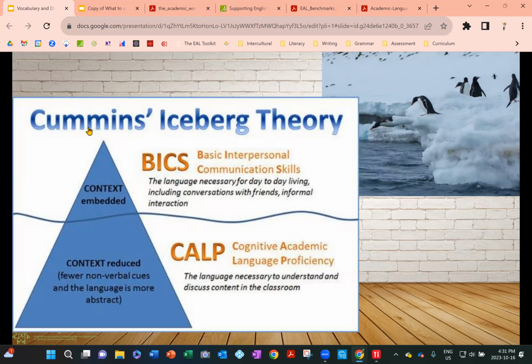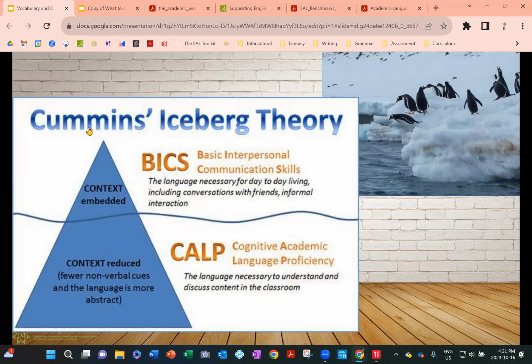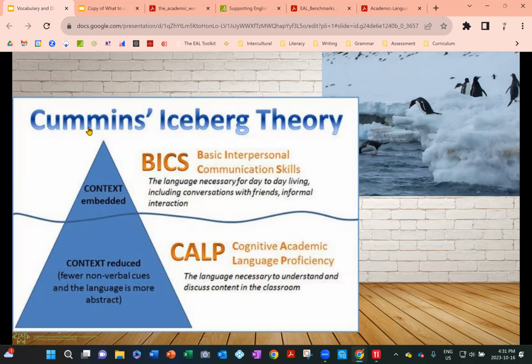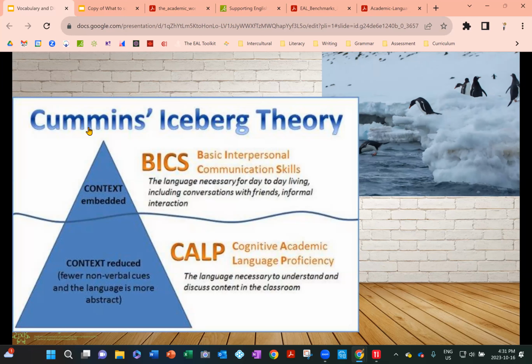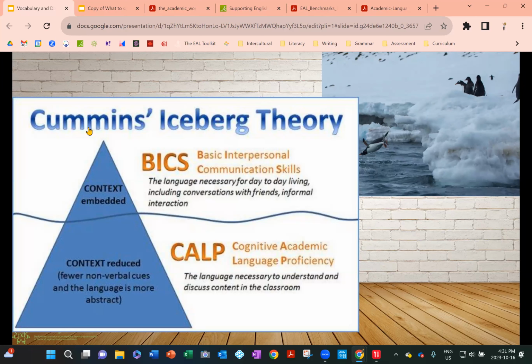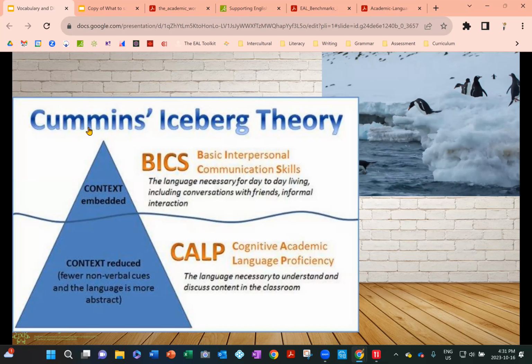So we're using just BICS language around the dinner table, but the language of school is more abstract, has fewer nonverbal cues, and it's harder to attach a visual to it. So how can we make that a little bit more explicit for our students?